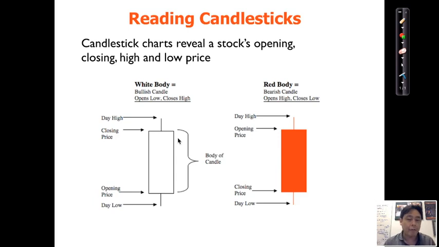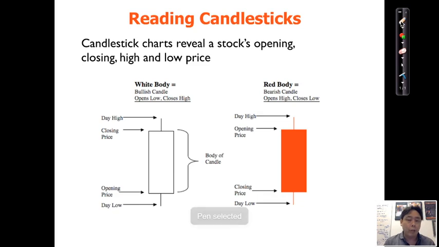So you either have a bullish candle or you have a bearish candle. Bullish candles are represented by white or green candlesticks usually, and bearish candles are represented by red or black candlesticks, okay? So whenever you see a white or green candle, it tells you that it was a bullish period, or a bullish day in the case of a daily candle.